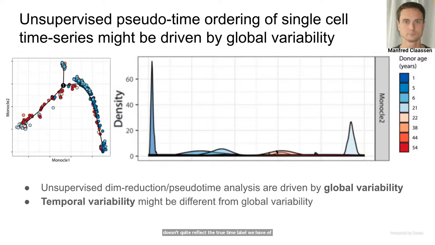So we found that for those unsupervised methods, their first component usually is driven by other global variability. The temporal variability might be at the second or later components, different from the global variability.